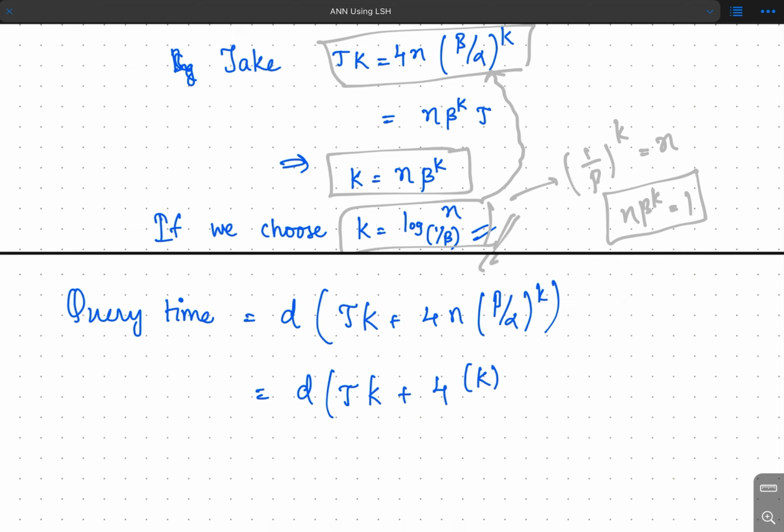In general, we assume this n, which is the size of the point set P, to be very large. Since beta is a constant, this turns out to be always greater than 1.